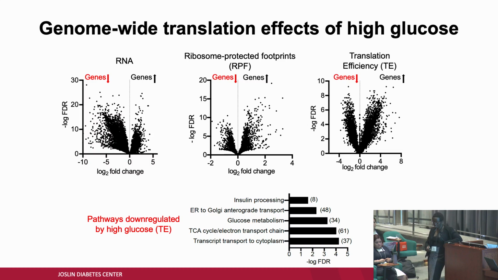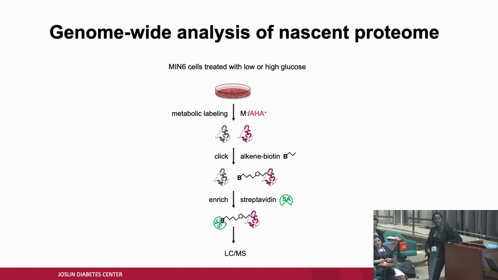For this presentation, I'll focus on genes whose translation efficiency was downregulated by high glucose. It was nice to see, validating previous studies, that this included the insulin processing pathway, including the insulin genes themselves, ER to Golgi transport, glucose metabolism, and these key pathways that are important for beta cell function.